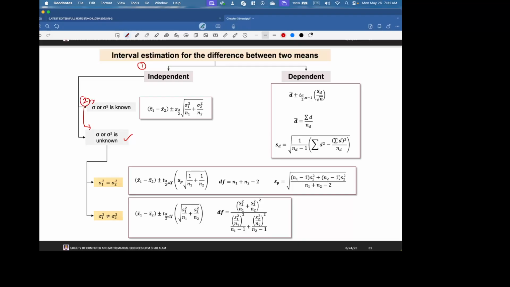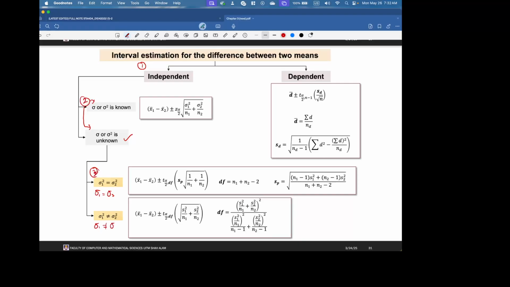Suppose that this is the route that you choose. The third decision that you need to make is whether the standard deviations are equal or unequal.